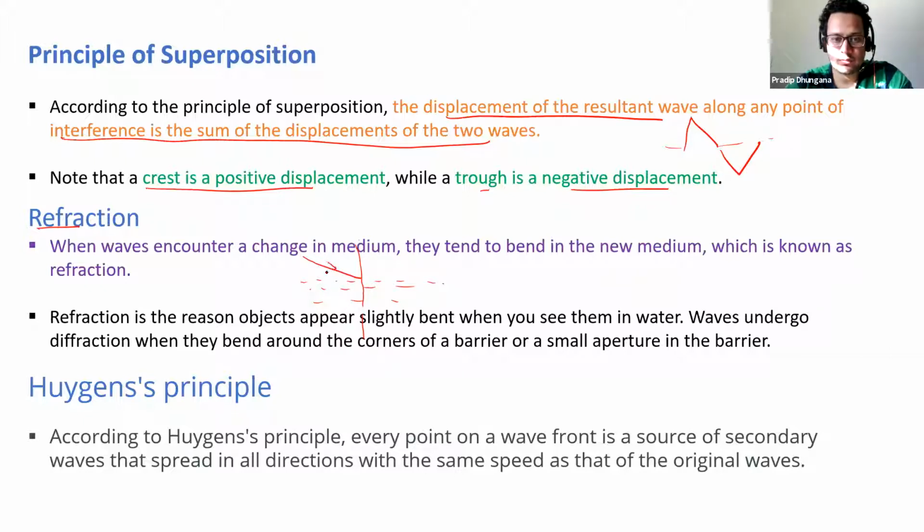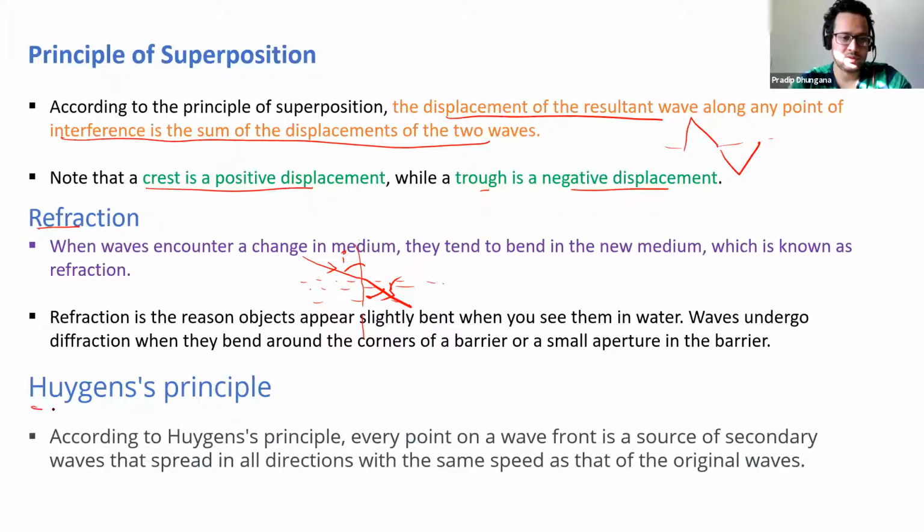When the wave travels from air to water, this wave bends. This phenomenon is called refraction. And this is the angle of incidence. This is the angle of refraction. So this is all about refraction. Think of the bending phenomenon of a wave as refraction.